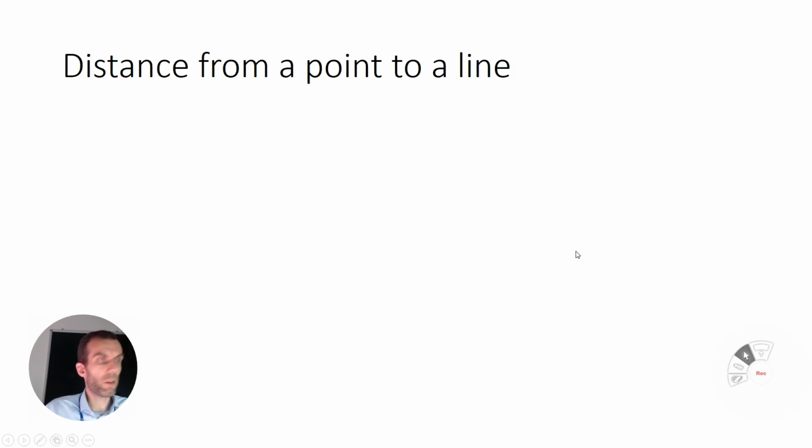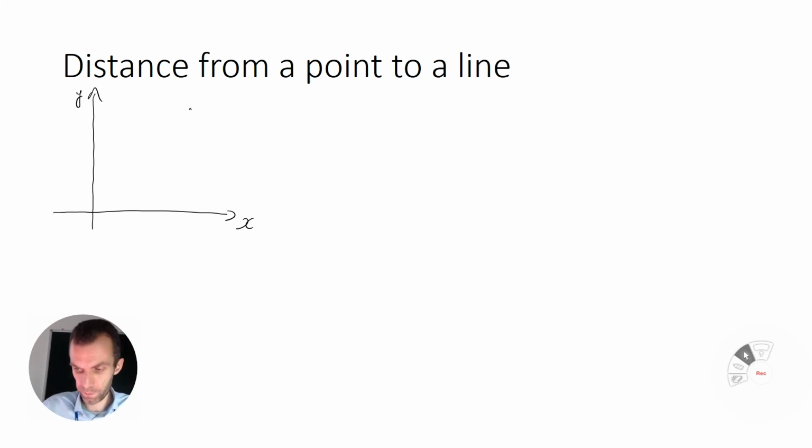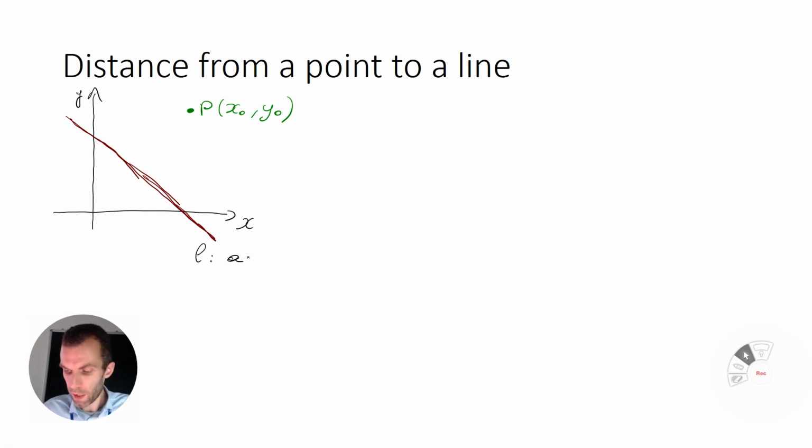So for the next topic, we'll talk briefly about the distance from a point to a line. This is a very useful formula. So briefly, let's say we are given a point P here with coordinates x0 and y0, and we have a line, and we'll call it L, with equation ax plus by plus c is equal to 0.